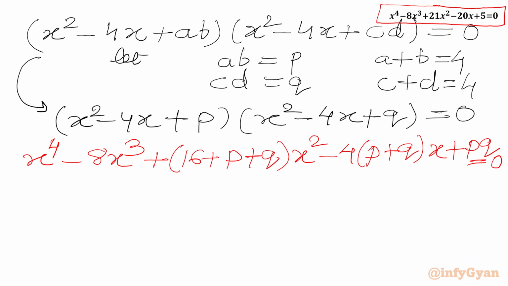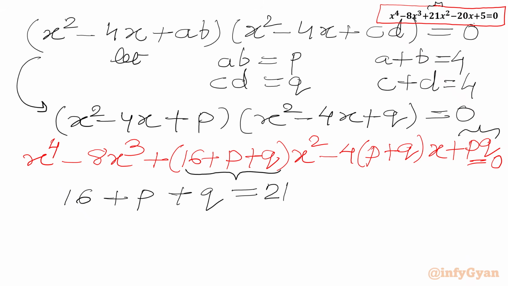Let us compare the coefficients from both the equations. So if I compare the coefficient of x square, then I can write 16 plus p plus q equal to 21. And let us compare the constant also from both the equations. So we will get pq equal to 5. So from our first equation, 16 plus p plus q equal to 21, let's subtract 16 from both sides.